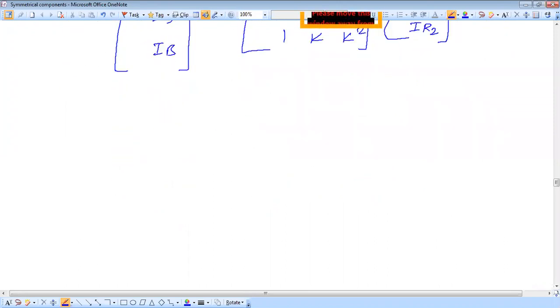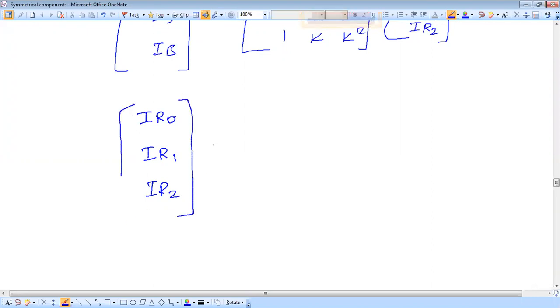Now, next, I want to represent the symmetrical components in terms of IR, IY, IB. That is IR0, IR1, IR2 in terms of IR, IY, IB. Now what is the relation?